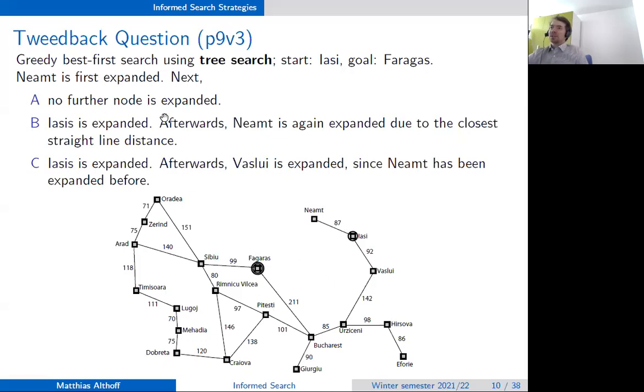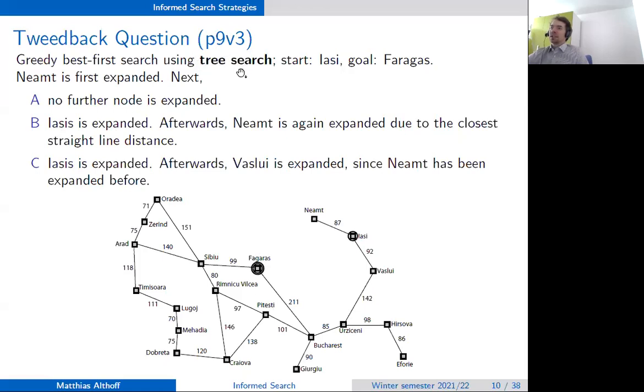So A, no further node is expanded because this is a dead end. B would be Iasi is expanded, so we go back. Afterwards, Niemt is again expanded due to the closest straight line distance. So this suggests that we switch back and forth. And what is also important to note is we're using the tree search version here, not the graph search version.